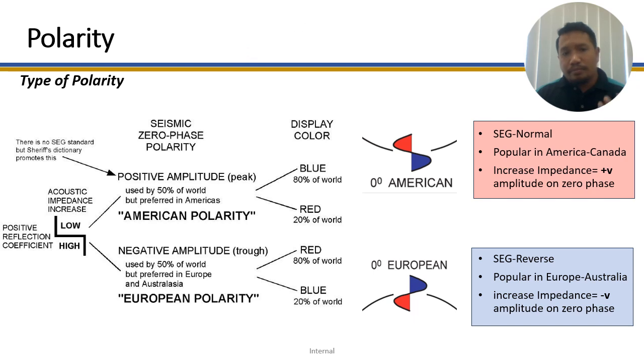So it is not so important which convention is used, because peak and trough are both visible on the color display. In general, American polarity is preferred in the Americas and also Canada, but it's not necessarily universal in this region. European polarity, meanwhile, is preferred in Europe and worldwide, but again, it is not necessarily universal.